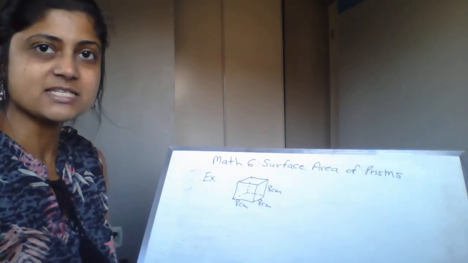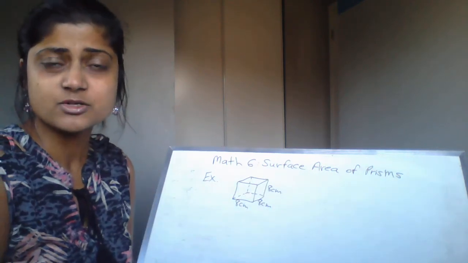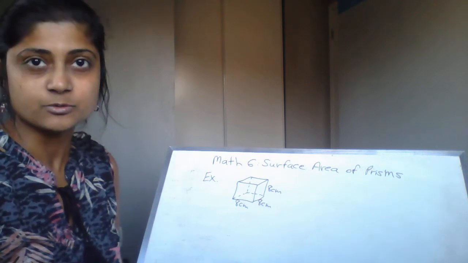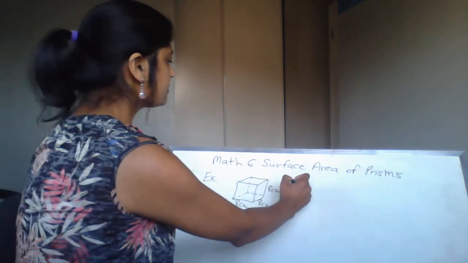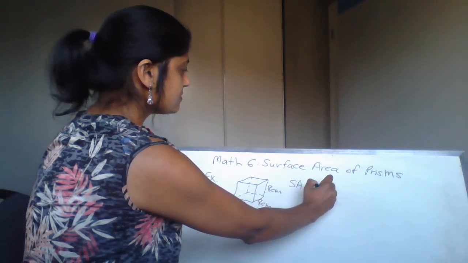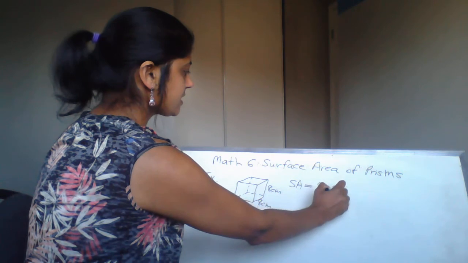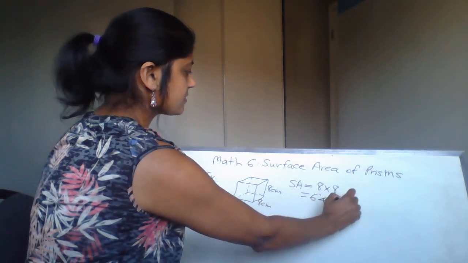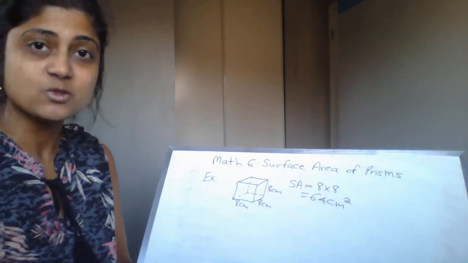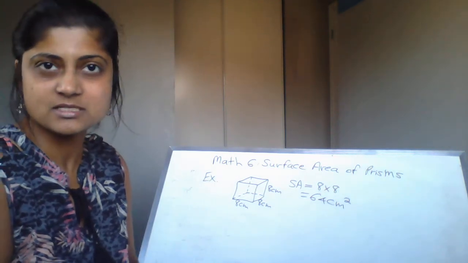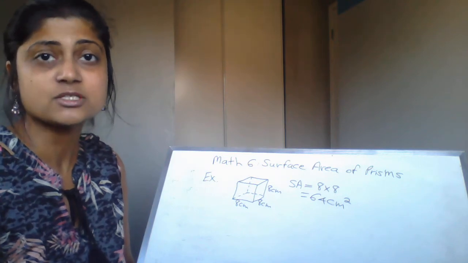So I have 6 surfaces here, and all the sides are the same for this cube. Now say I'm looking for the surface area. I'm going to multiply one side, so I'm doing 8 times 8, which is equal to 64 centimeters squared. This is the area of basically one surface.